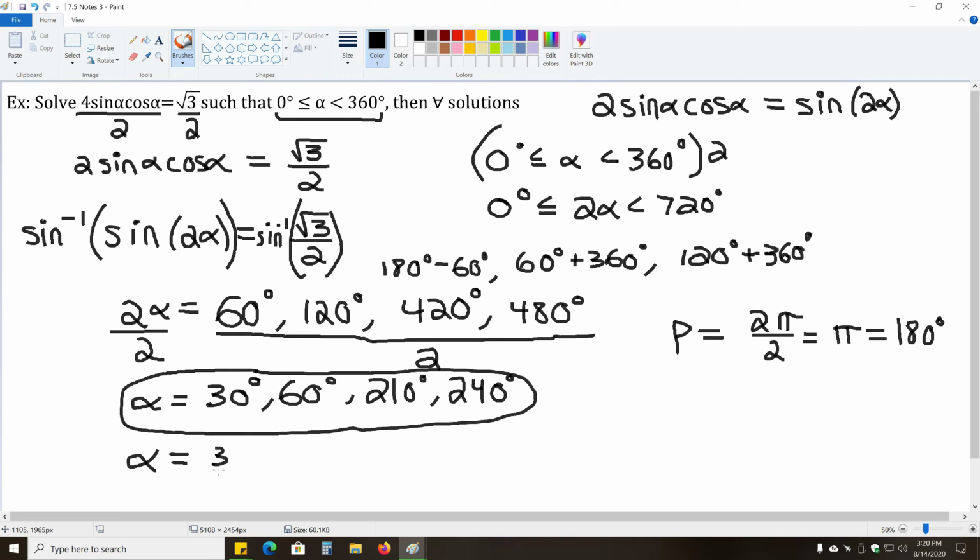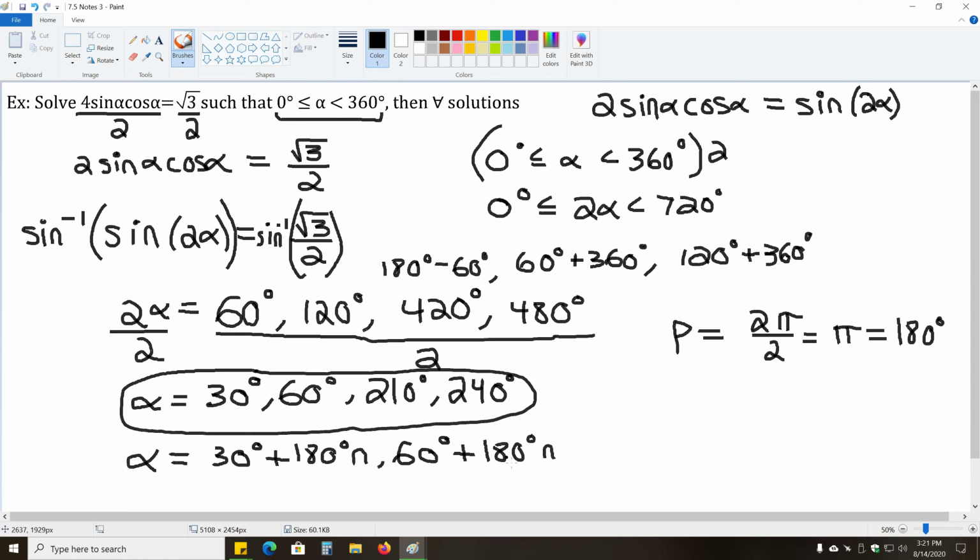Well, we have 30 degrees plus 180 degrees times n. We have 60 degrees plus 180 degrees times n. And now notice these two other values, we don't need to write the plus 180n for either of them. In fact, we don't even need to include them because they are already included in these two answers. 30 degrees plus 180 degrees gives us 210 degrees.